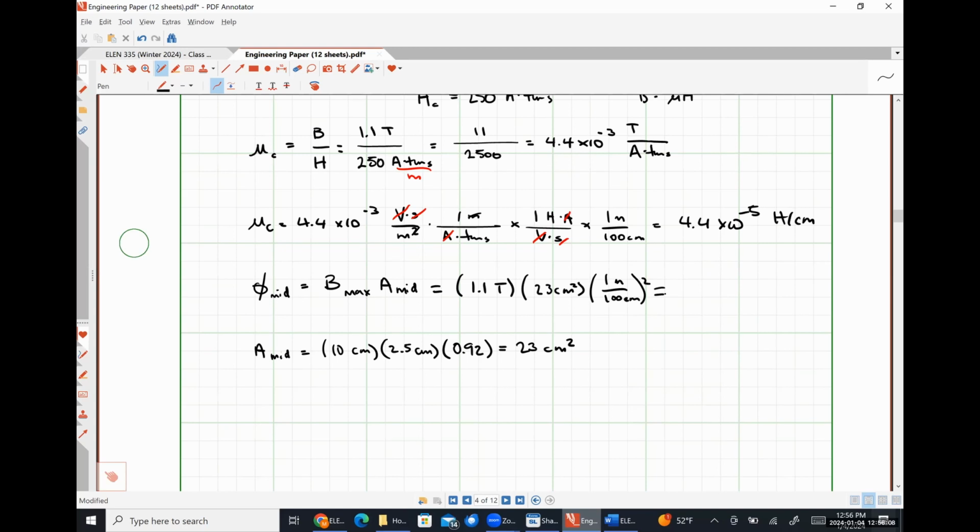So 1.1 times 23 times 1/100 squared comes out to be 2.53 times 10 to the minus 3. So 2.53 milliwebers.